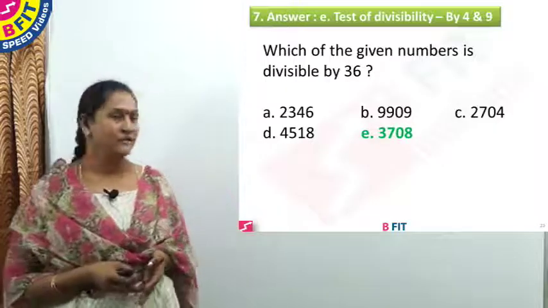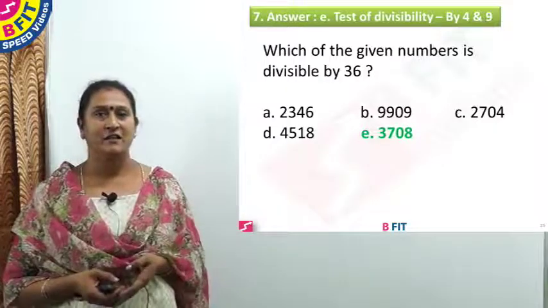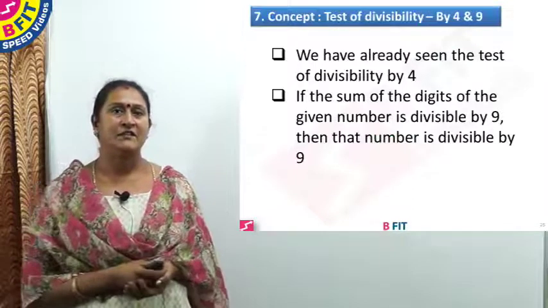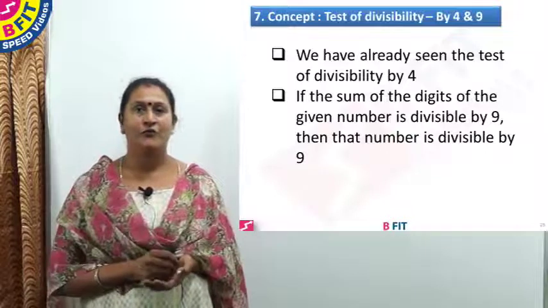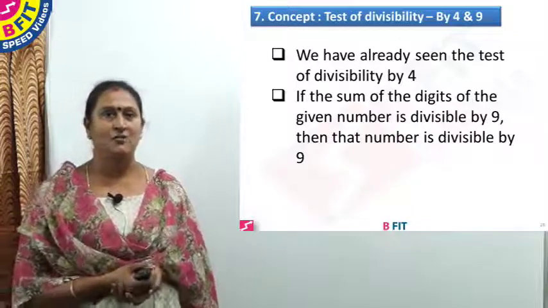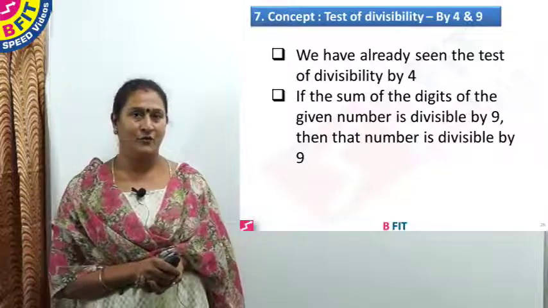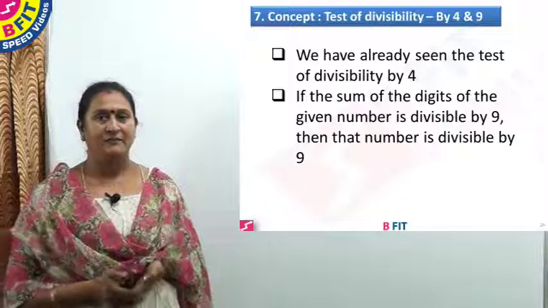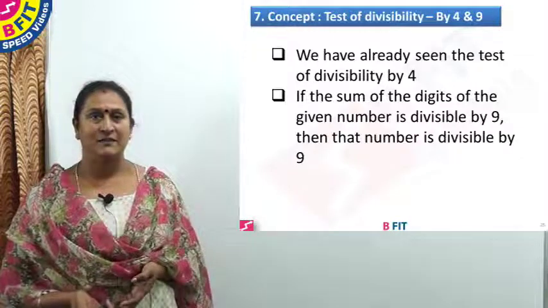The answer for question number 7 is option E, 3708. So we have to check the tests of divisibility for both 4 and 9 for a number to be divisible by 36. For 4, the last two digits should be divisible by 4, and for 9, the sum of all the digits should be divisible by 9. So we'll see the next question.